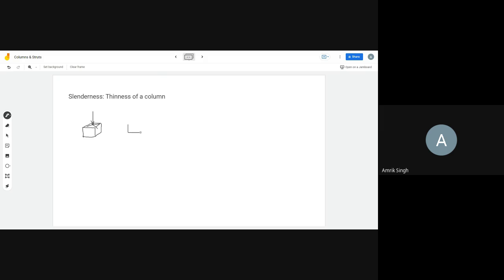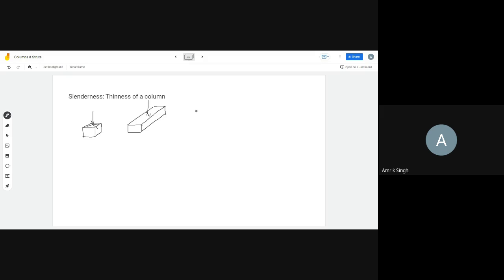Or the dimension can be like this. In this case, the load will be here.